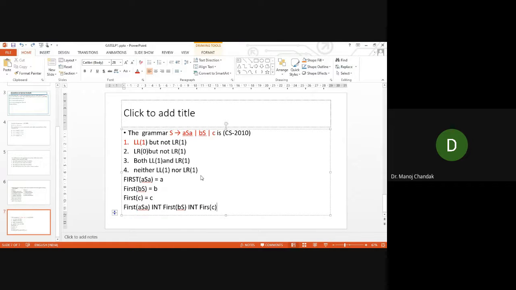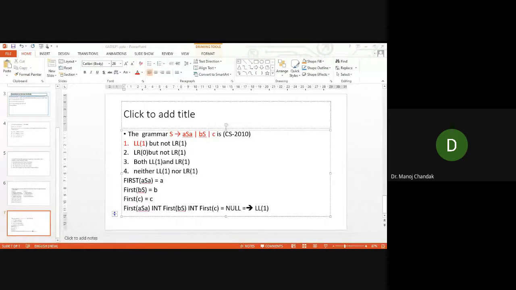The intersection sign is the reverse U. If the intersection of all these is equal to null, then the grammar is treated as LL1. And if the grammar is LL1, then definitely it will be LR1. This is a simple trick to solve such questions, and you quickly get 2 marks here.